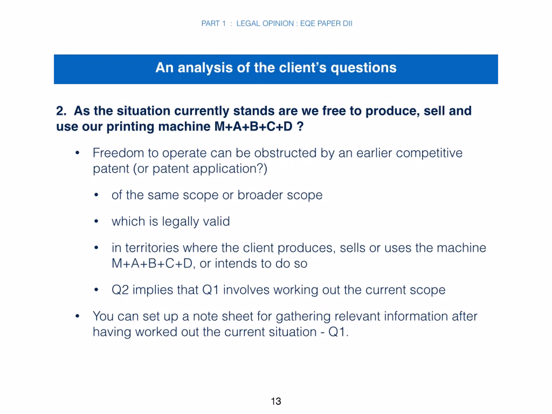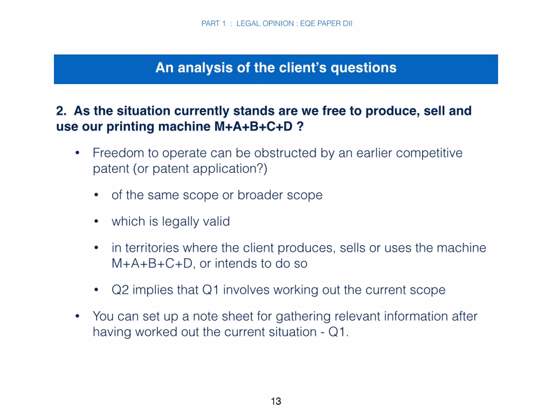So this question is about freedom to operate, and the freedom to operate for that particular machine can be obstructed by an earlier competitive patent or patent application, perhaps, of the same scope or broader scope, which is legally valid and which covers territories where the client produces, sells, or uses the machine M plus A plus B plus C plus D, or intends to do this.